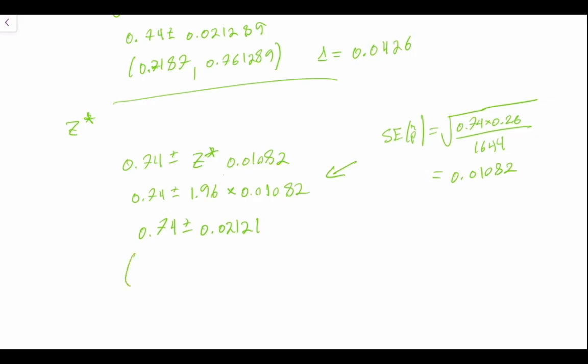So then our 95% confidence interval is 0.74 minus 0.02121, which gives us 0.7188, and 0.74 plus 0.02121 gives us 0.7612.